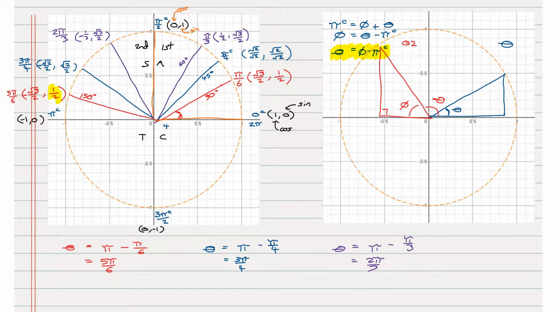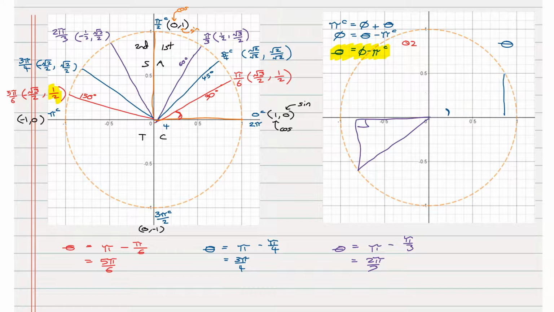In quadrant 3, our triangle is going to look like this, and I'll get rid of these triangles up here so it's a little bit neater to see. We're going to have that exterior angle, which will be theta, between pi and 3 pi over 2. So the interior is going to look like this.